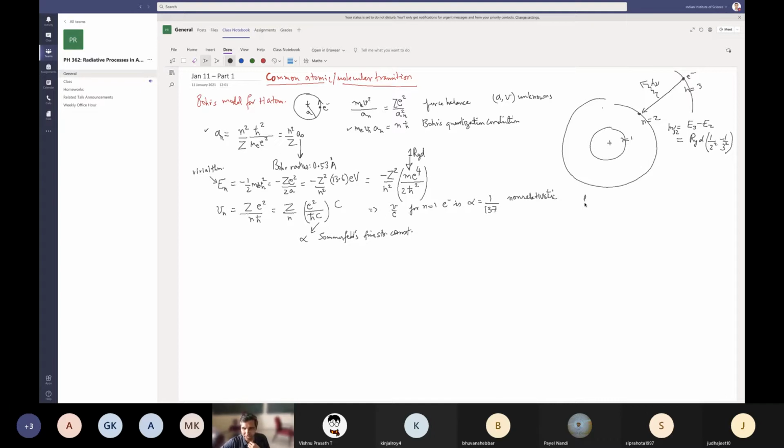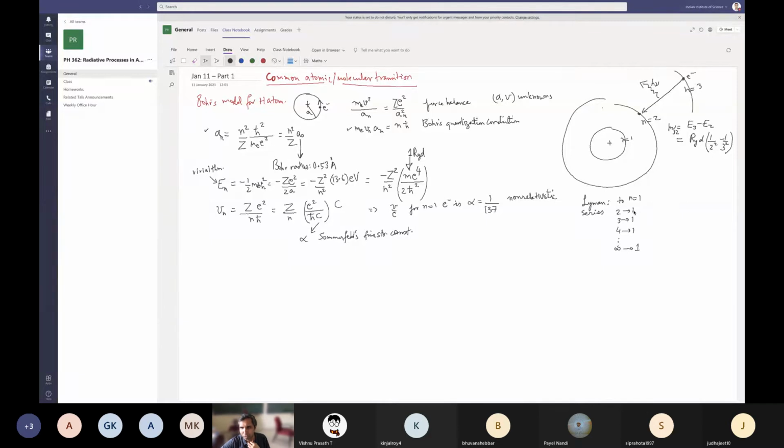There are these different series, Lyman series, where you have an excited state, which is high n, going to n equal to 1. So for example, Lyman series, right? You have 2 to 1, 3 to 1, 4 to 1, and basically infinity to 1, right?